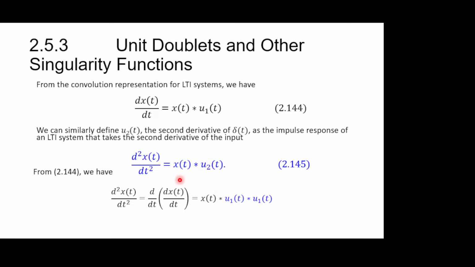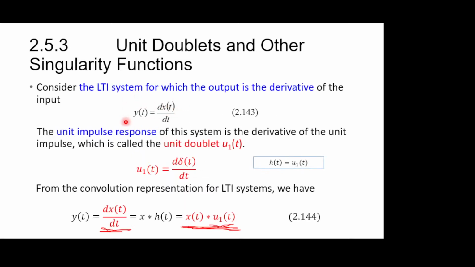Because differentiation is just twice this, you can think about this as doing it twice. So d squared x dt squared is dx dt, then do another d dt. The first d dt will give you u1 of t, and then the second d dt will give you another convolution with u1 of t, because you are doing this system twice.